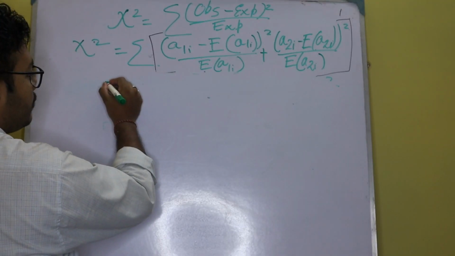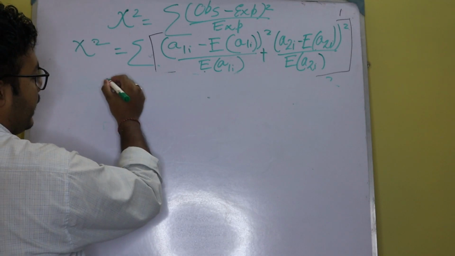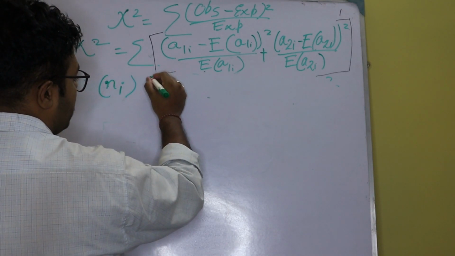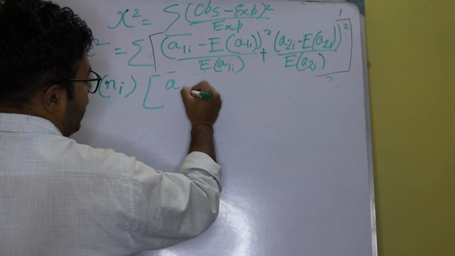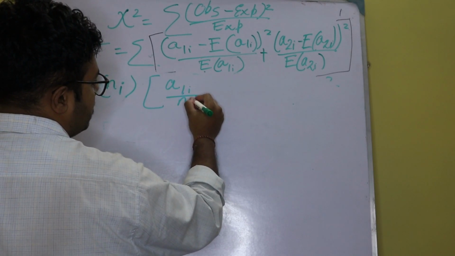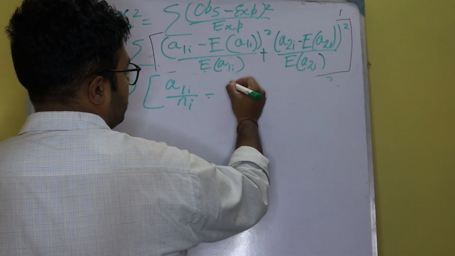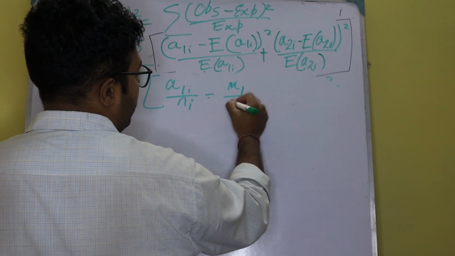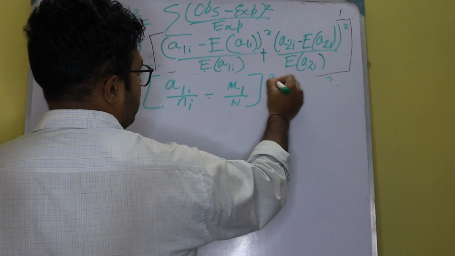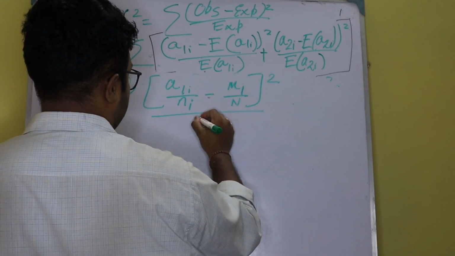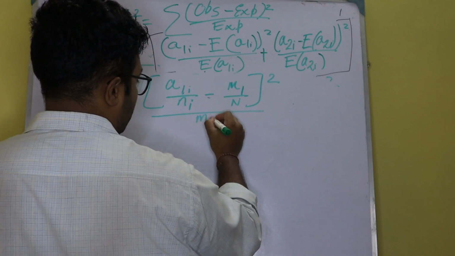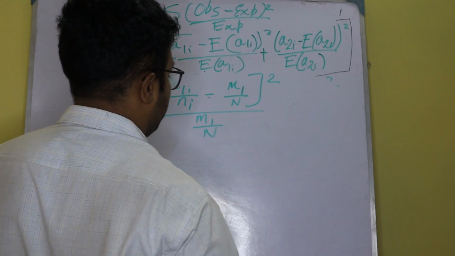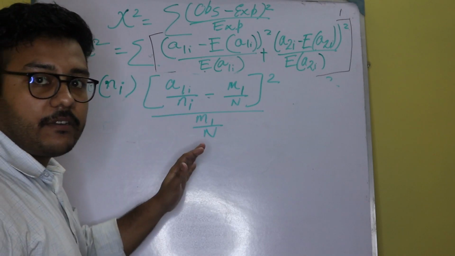The final expression I got is ni into (a of 1i by ni minus m1 by n) raised to the power 2 by m1 by n. This is the final expression we get.